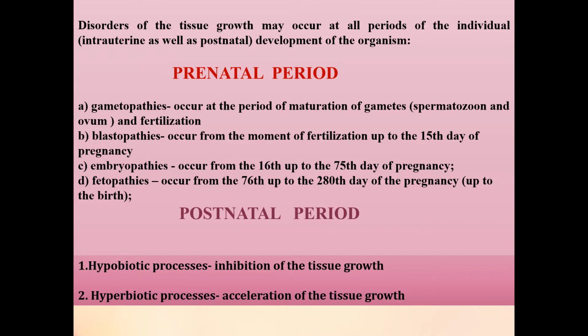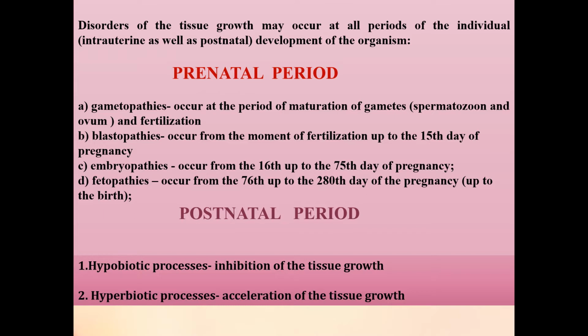And the third period is fetogenesis. This lasts from the 76th day till the end of the pregnancy, till 280 days. The pathologies of this period include cryptorchism, or, for example, anomaly of the bile duct, and so on.